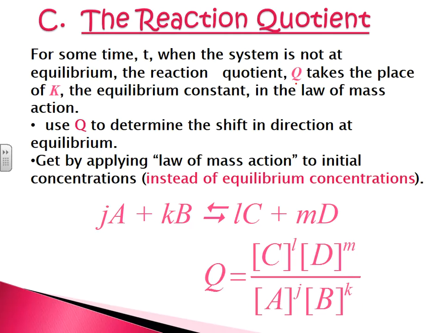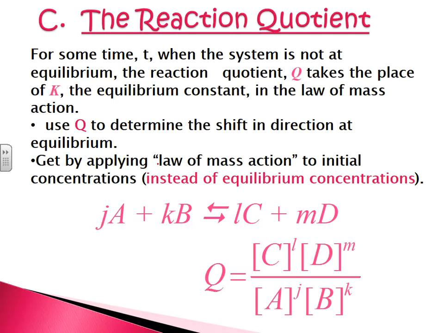So the reaction quotient is actually calculated similarly to how we calculate K. The Q, or reaction quotient, takes the place of the K in your equilibrium constant in the law of mass action. We use Q to determine the direction of shift in our equilibrium.